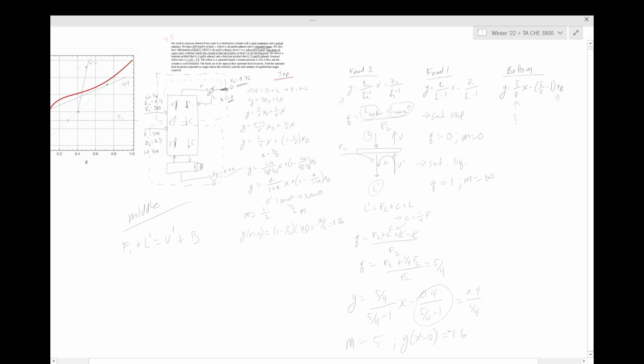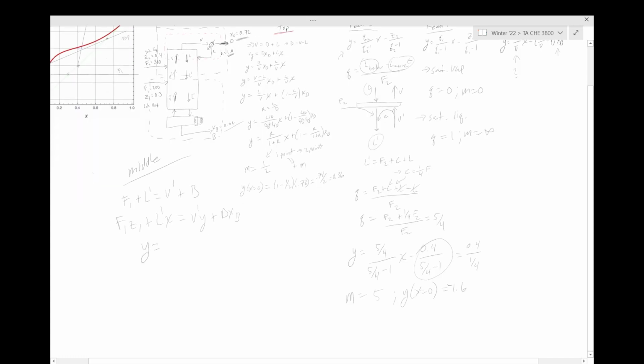Just like the top, we'll take a most volatile component mass balance, which will be simply F1Z1 equals L prime X plus V prime Y plus BXB. Solving for Y, we get Y is equal to F1Z1 plus L prime X minus BXB, everything divided by V prime.